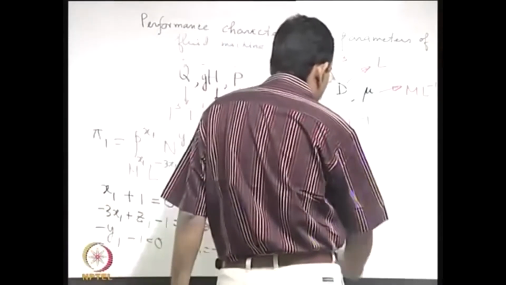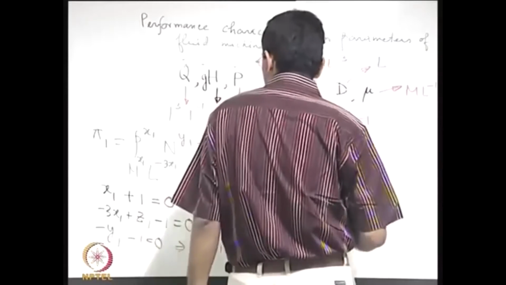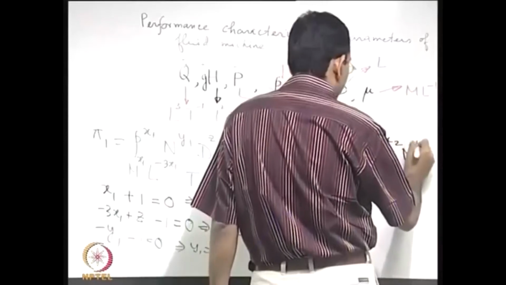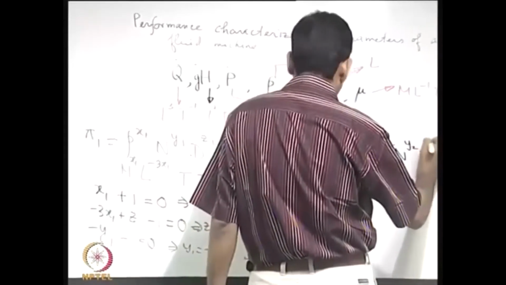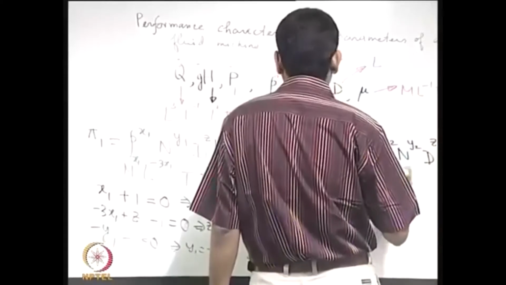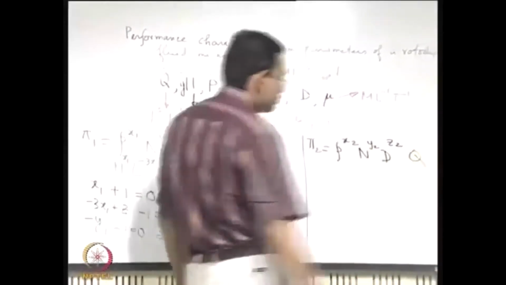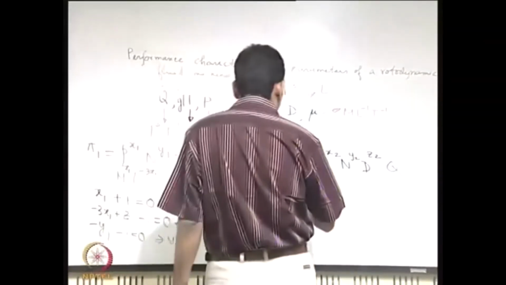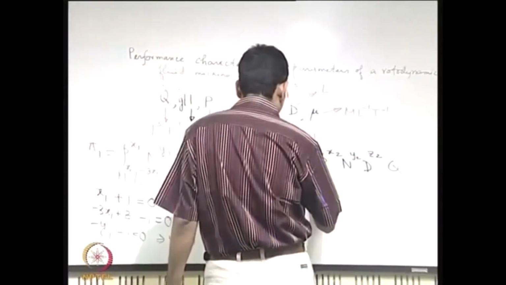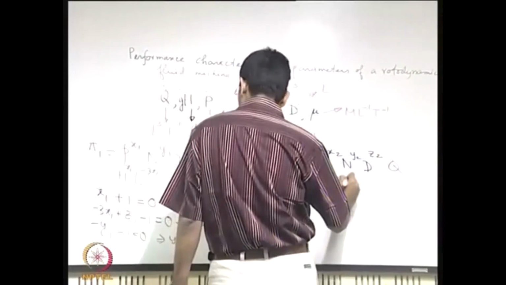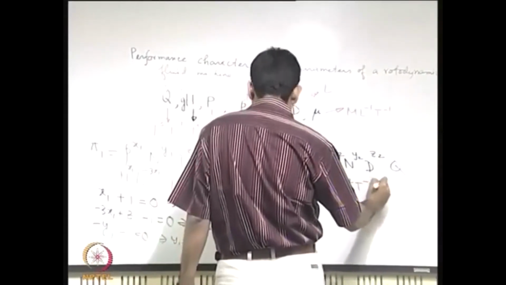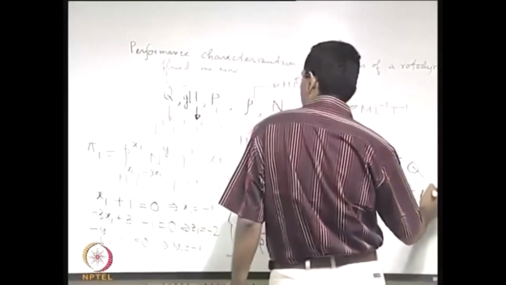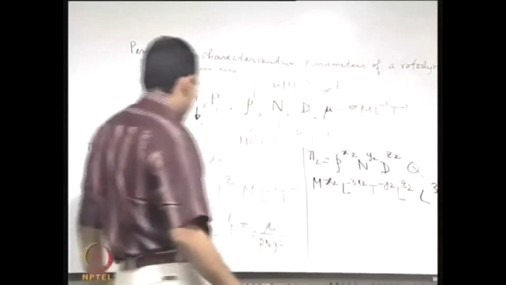So let us consider the pi 2. So let us say rho to the power x 2, n to the power y 2, d to the power z 2, in place of mu say another, let us take q, okay. So you have m to the power x 2, l to the power minus 3 x 2, t to the power minus y 2, l to the power z 2, and the unit of q is l cube t to the power minus 1.